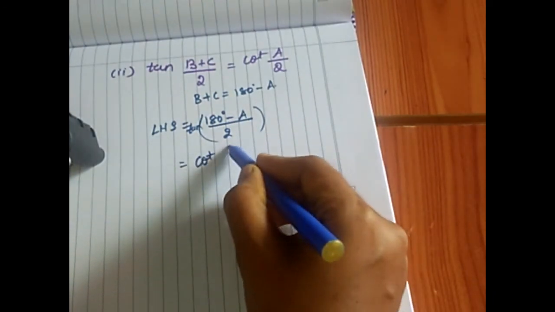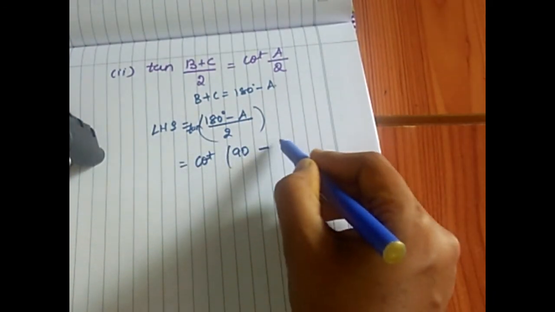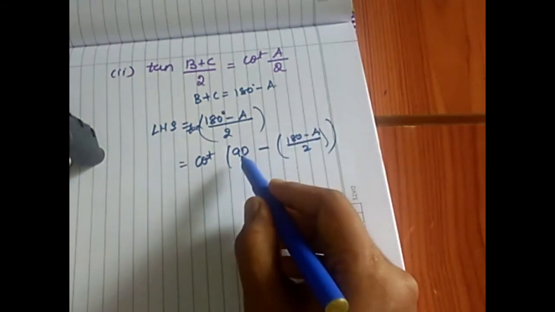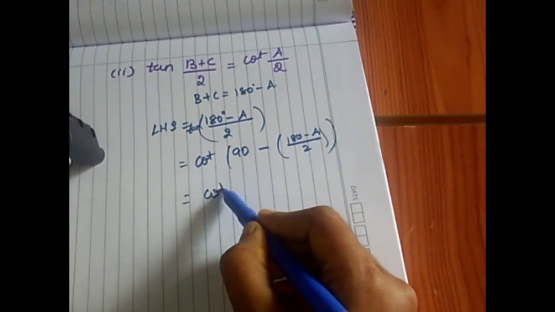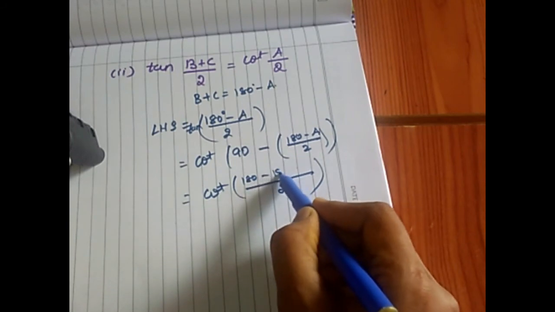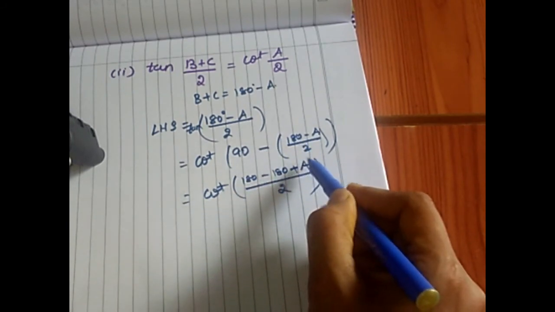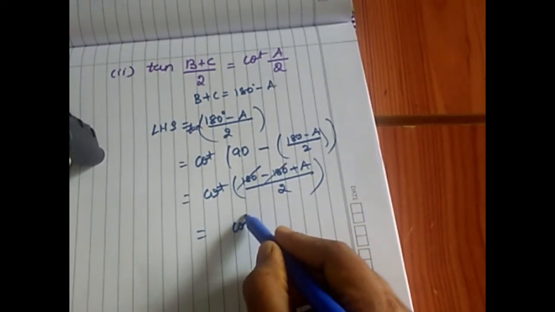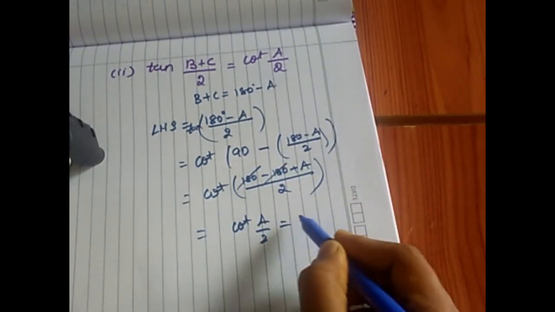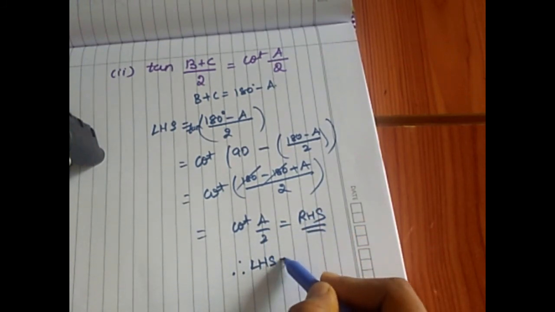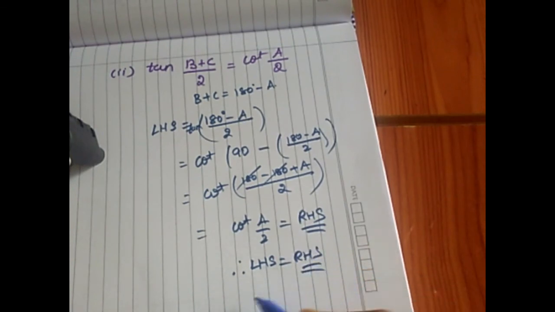Tan theta is cot 90 minus theta. Theta value is (180 minus A) by 2. 90 is the complementary. In the same way, take the LCM. 180 minus 180. Once you open the bracket, minus into minus will become plus A. 180 minus 180 cancel. Cot A by 2, which is equal to your RHS. Therefore, LHS is equal to RHS, hence proved.